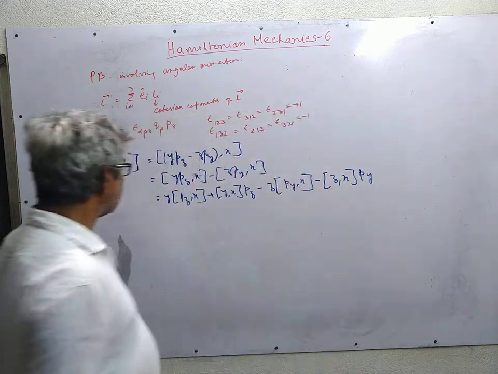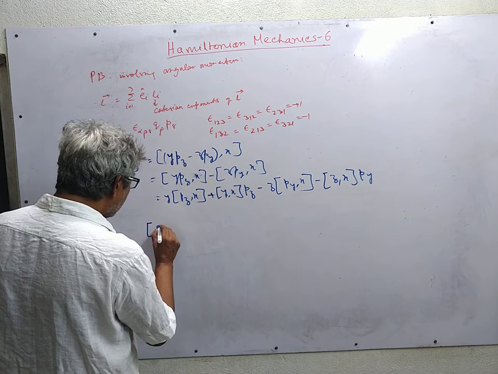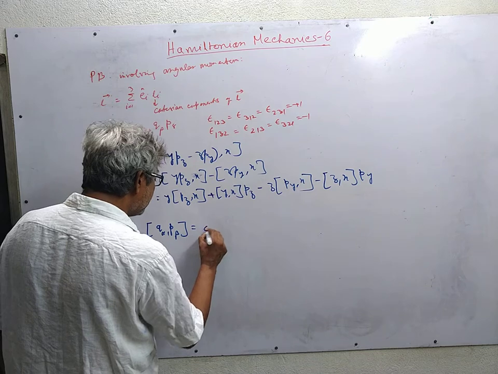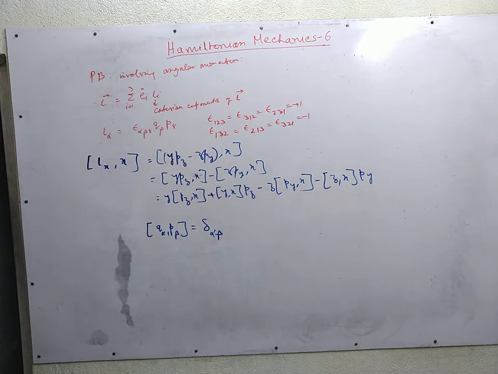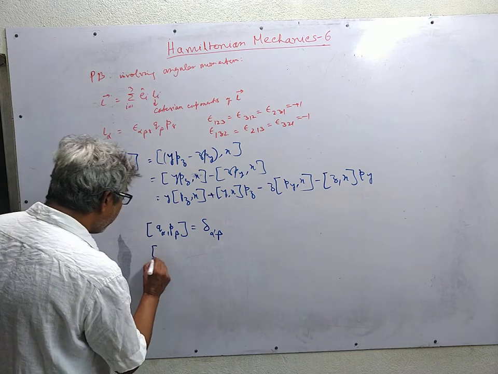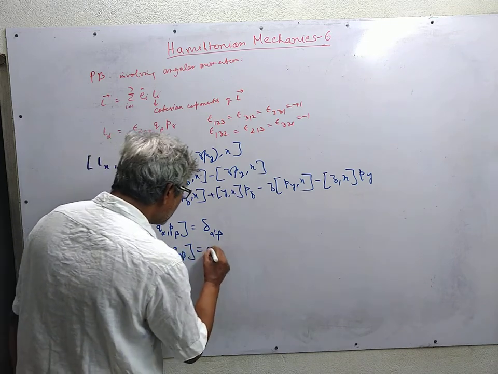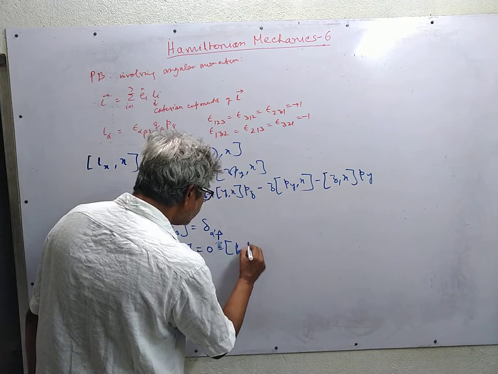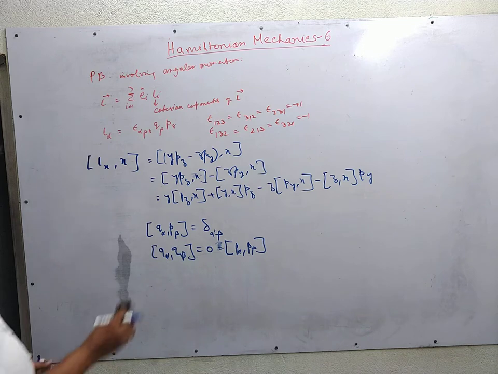Each of the elements is 0 because we recall that the Poisson bracket [q_α, p_β] is δ_αβ, and [q_α, q_β] is 0, and [p_α, p_β] is 0. So this relation is 0.